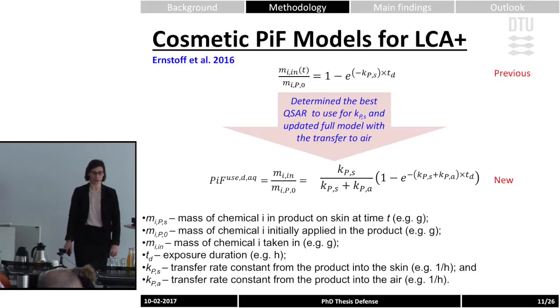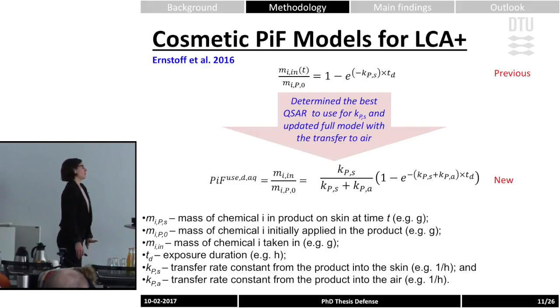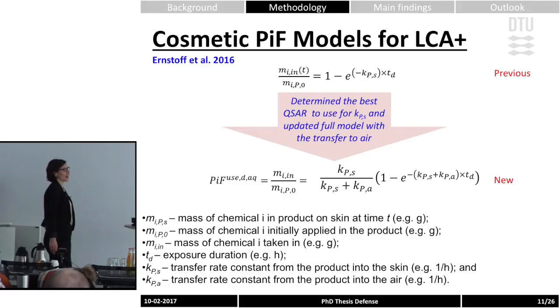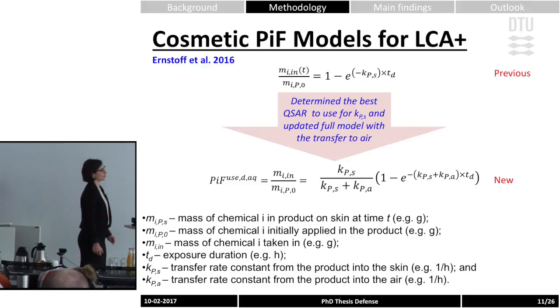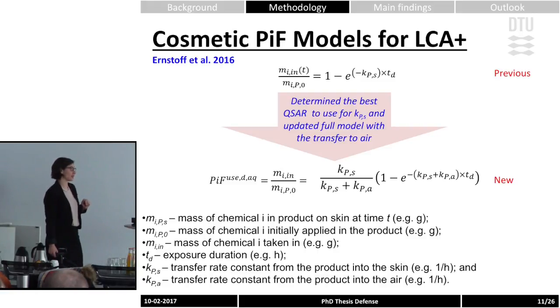To go into a little bit more detail on the cosmetics, I promise this is the only slide with equations on it, but let's go through them a little bit. Previous work was based on the topmost equation. The model that I developed is based on the bottom equation.